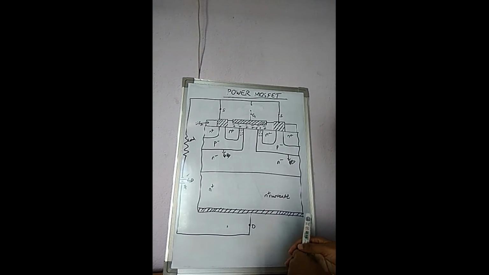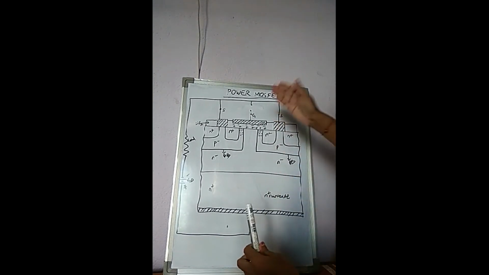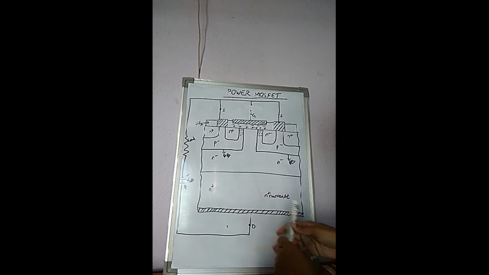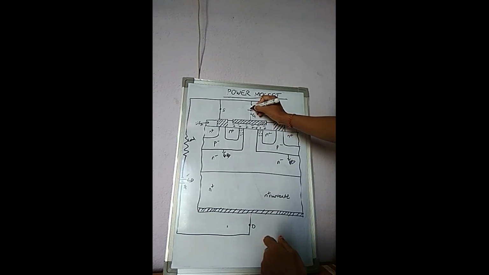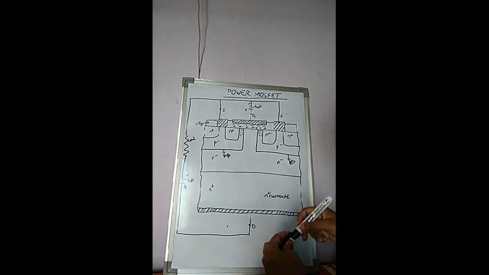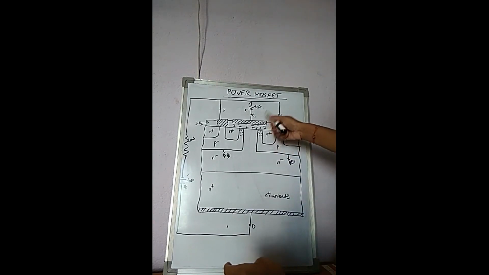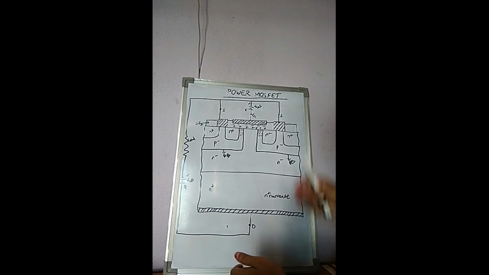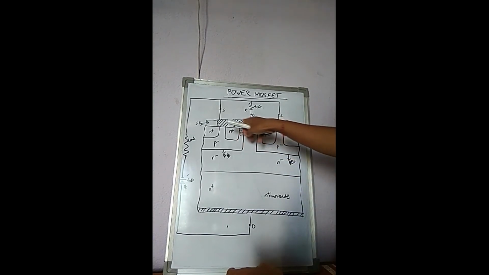Now when we apply a positive voltage across the gate terminal, when the gate terminal is made positive, this is VGS, positive and negative. When the gate is made positive with respect to the source, an electric field is established here.